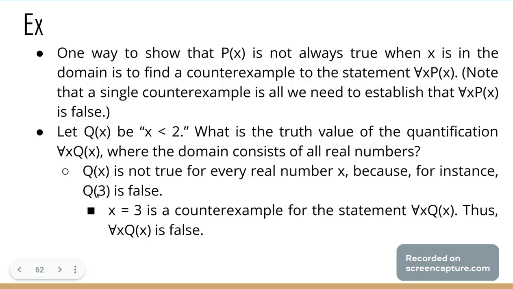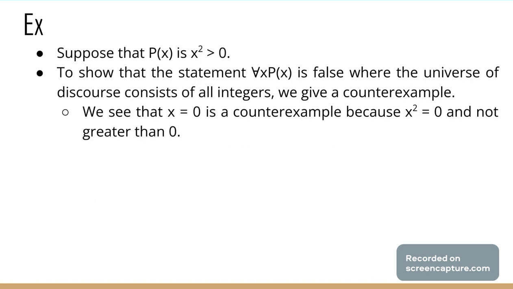Okay, so if I take the x value as the real number 3, is 3 less than 2? It is not. So this is one example, and by that we have proved that for all x, q of x, that is x less than 2, will not be true in the case of real numbers.